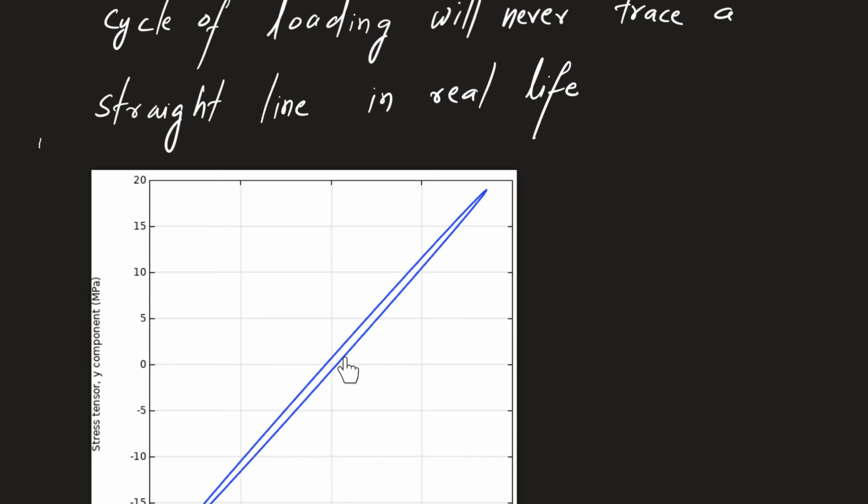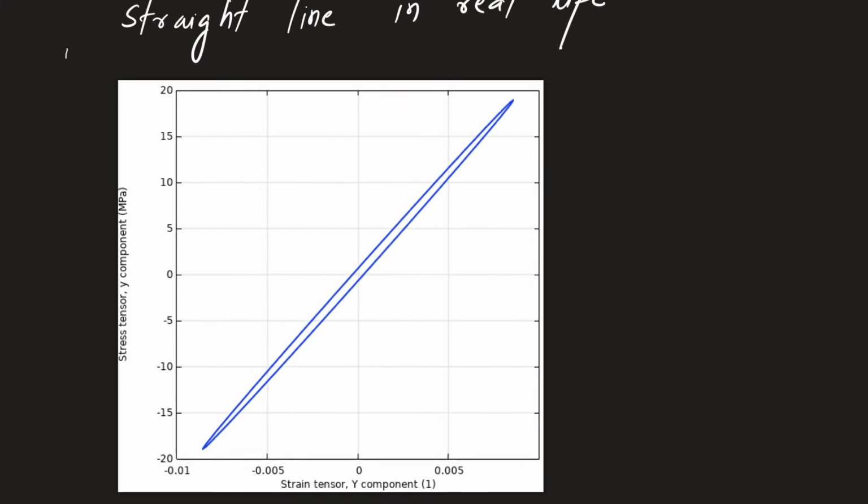But practically, we will never get a straight line. We will get a thin ellipse like this. And I'm not going into the maths and all those details. The area under this curve is equal to the energy lost per unit volume of the material in one cycle. So in essence what I'm trying to tell is that there is a certain amount of dissipation of energy when you deform materials. It can be mainly attributed to the friction within the material.